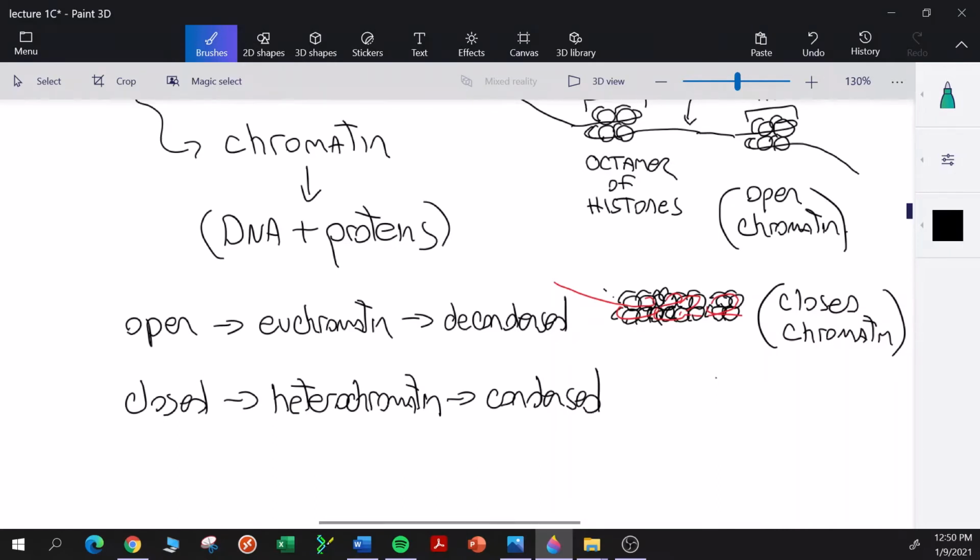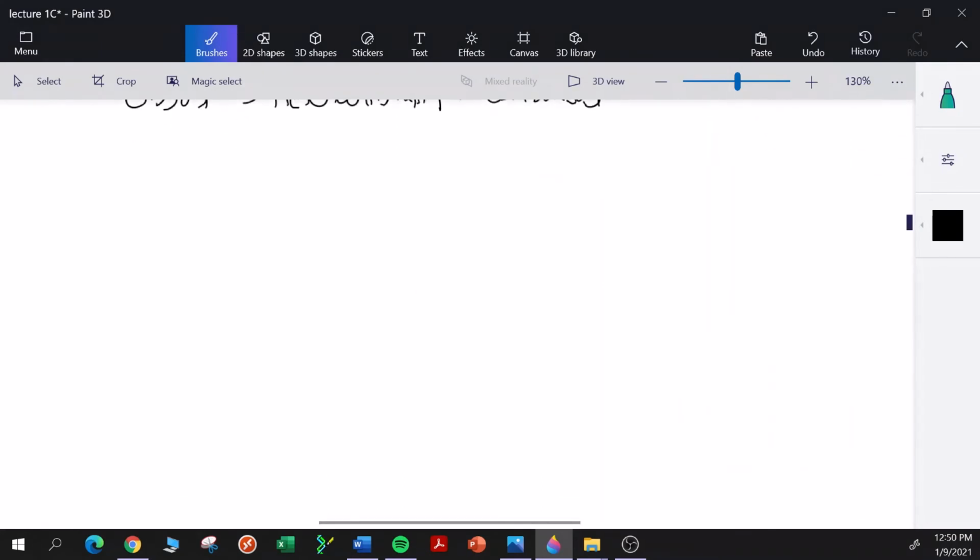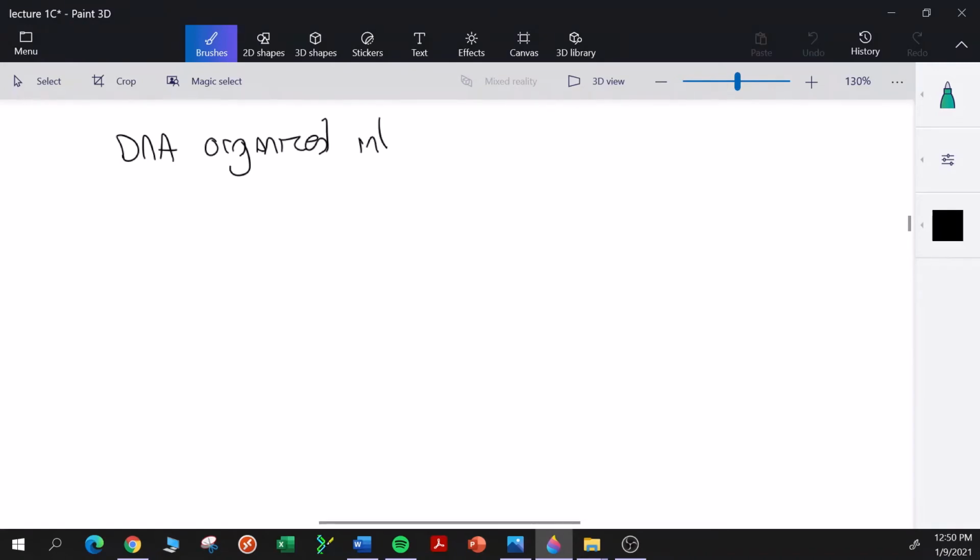Now, inside the nucleus, DNA exists as chromatin, but the DNA is also organized into chromosomes.